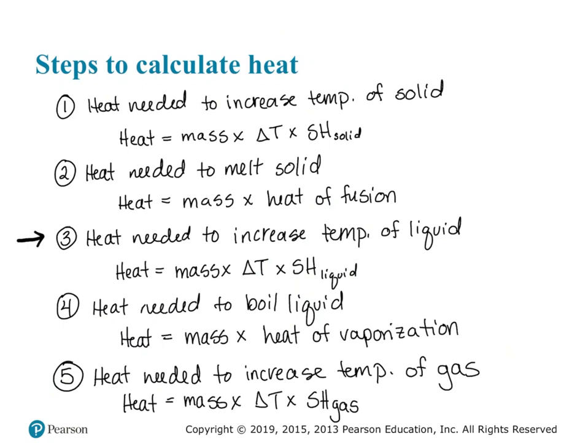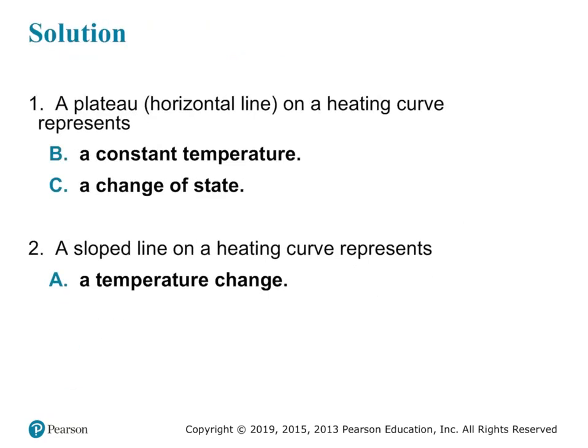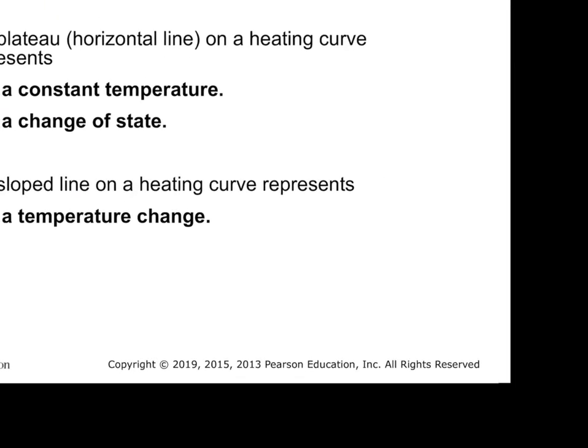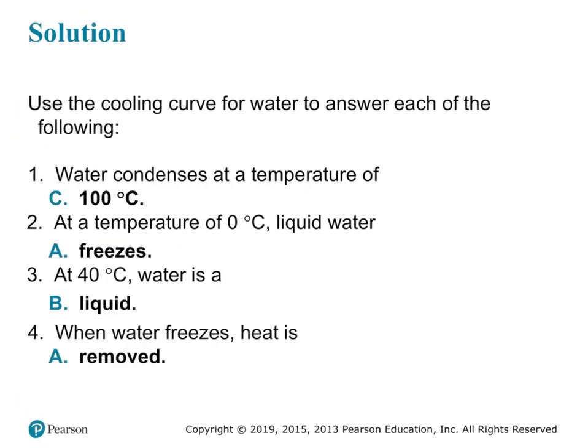And then we're also going to boil the liquid, which is step 4. Okay, so we're going to use those two equations where heat is equal to mass times delta T times specific heat of the liquid, and heat is equal to mass times heat of vaporization. Okay, so let's go back and write those down. Oh, I did not want to zoom.